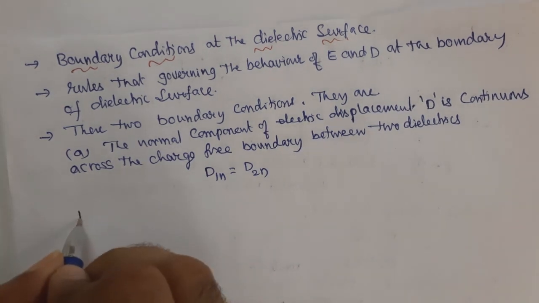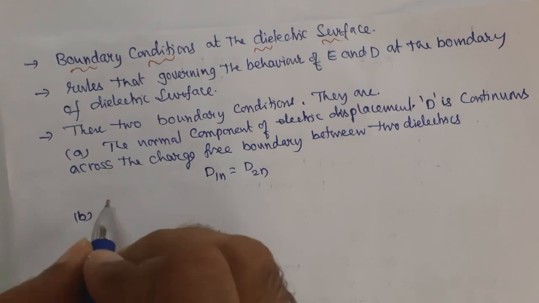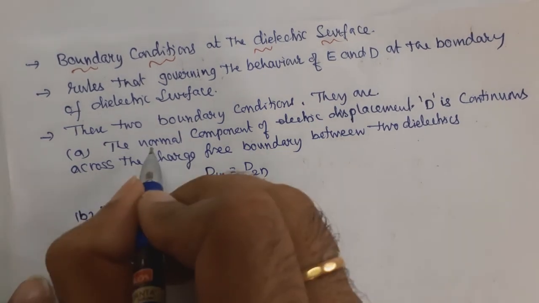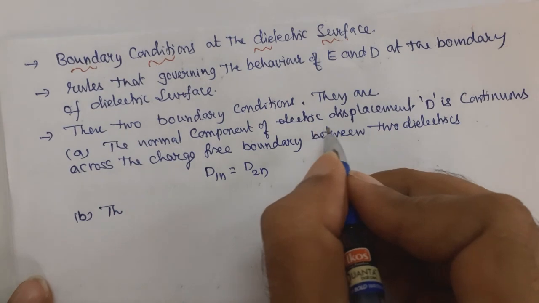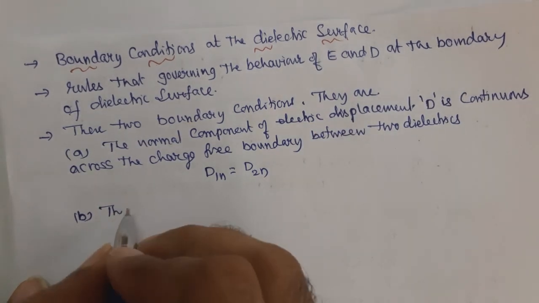Now the second one is regarding the electric intensity vector. The tangential component of electric intensity is continuous on both sides of the dielectric. The previous one was the normal component of the displacement vector; now this is a tangential component.